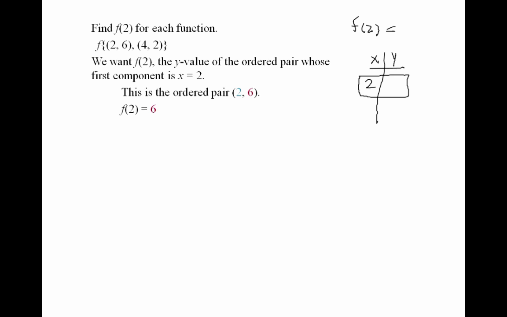So in my ordered pairs, I want to look for the ordered pair in which x is equal to 2. What is it? Right here, the first one, right? Here it says that x equals 2, y is equal to 6. So there it is. That's what f of 2 is.